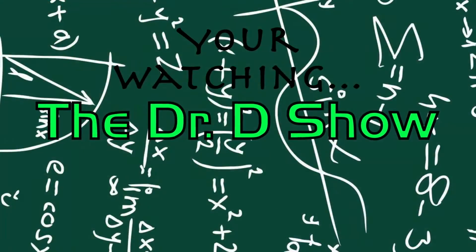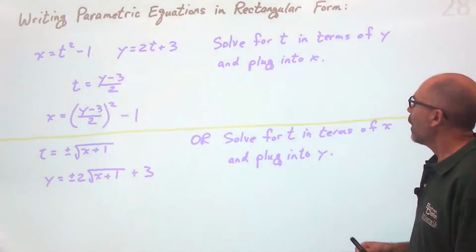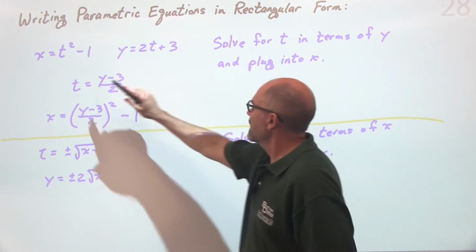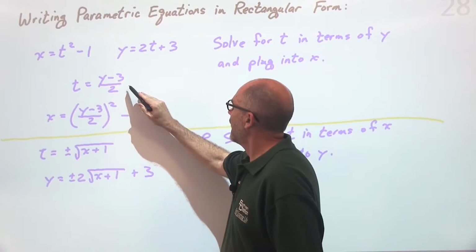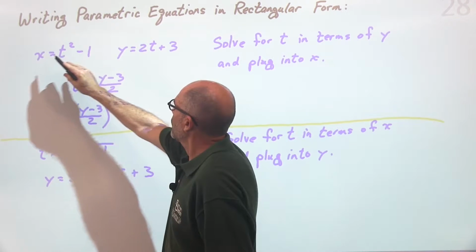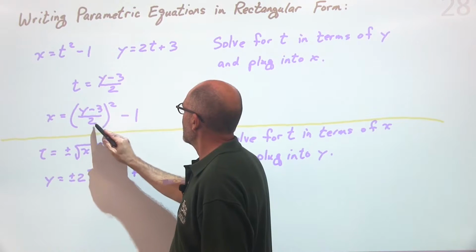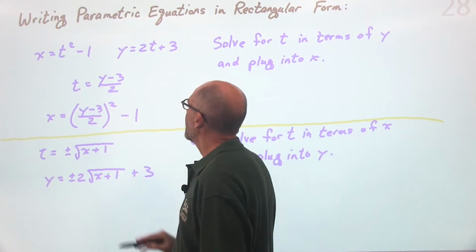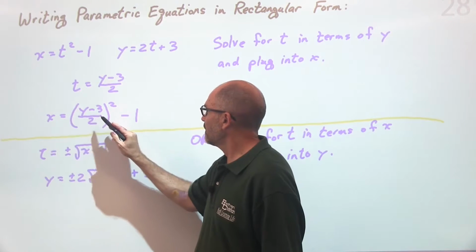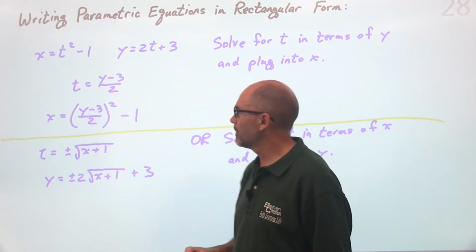Now, we took our t in terms of y, and then we go to our x equation, and we have x equals t squared minus 1. So here's t squared minus 1. Now notice what we ended up with is x is a function of y, which is a rectangular equation.